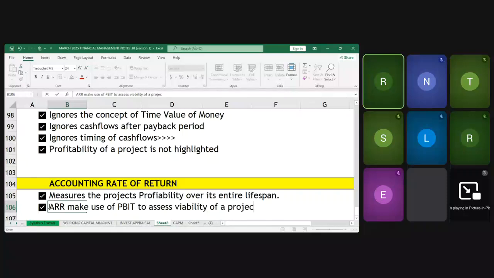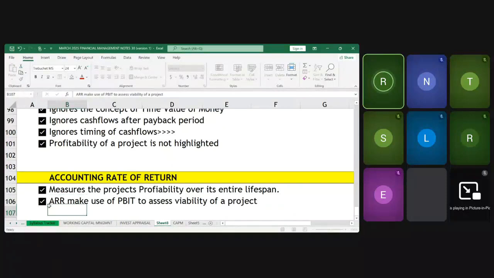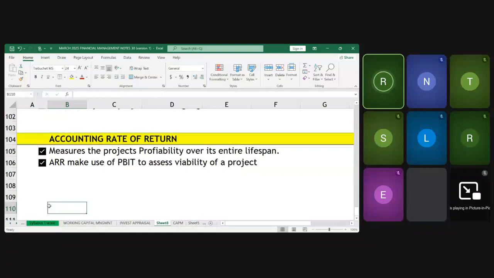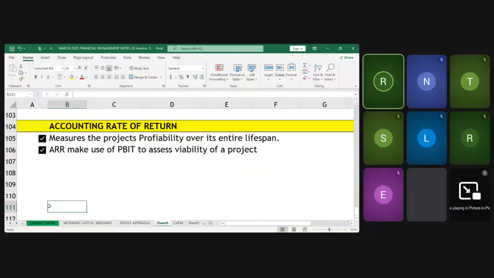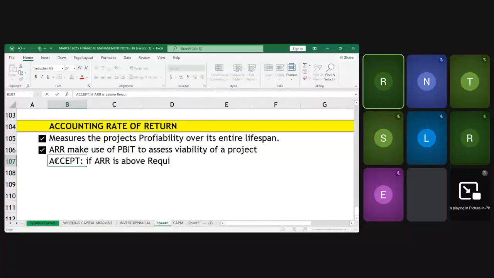Right. We are going to make use of profits rather than cash flows. You make use of the profits. That is ARR for accept or reject. If ARR is above required, accept.